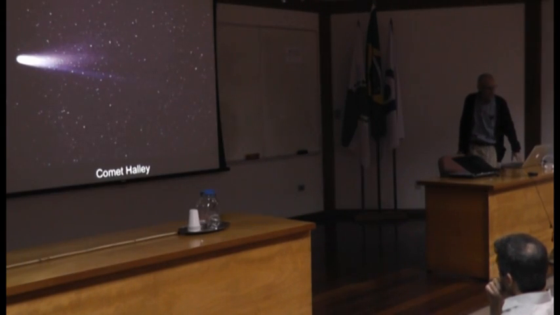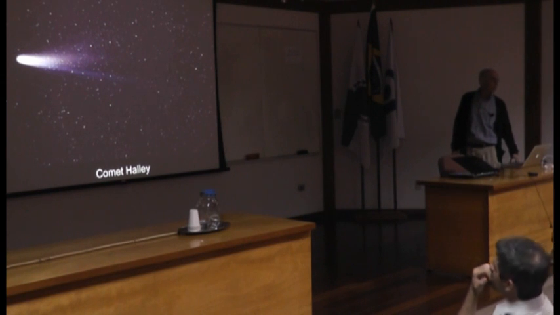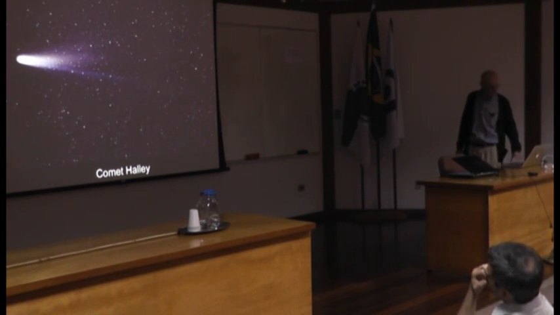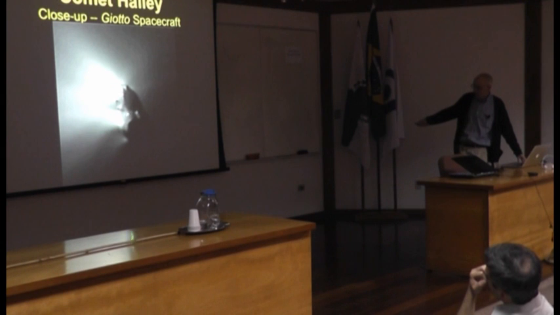Here's Comet Halley. This is actually a photograph taken in 1910 when it was a good apparition, easily seen from Earth. In 1986, this is a close-up from the European Giotto spacecraft. Very dark, but this is an area where dust is coming off, very irregularly shaped.